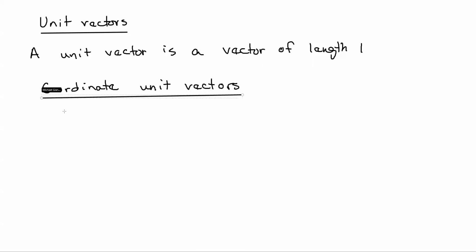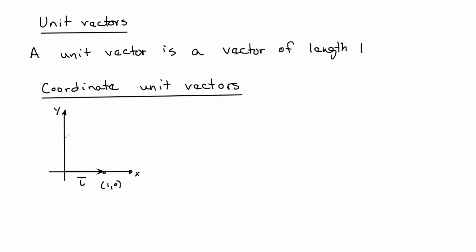So by coordinate unit vectors, what I mean is the vectors that point in the coordinate directions, right? So if this is the x-axis and this is the y-axis, and we have the point here that's at (1, 0), and we have this vector here, that vector is the coordinate unit vector in the x direction, and we call it vector i.